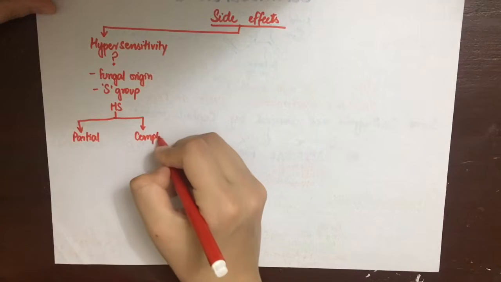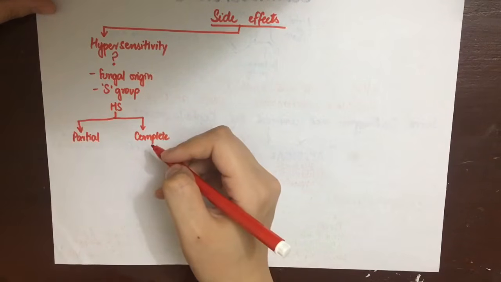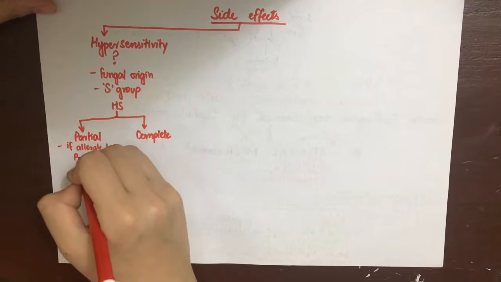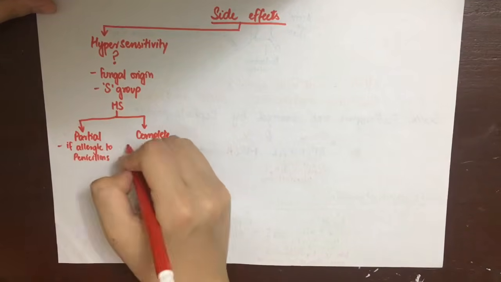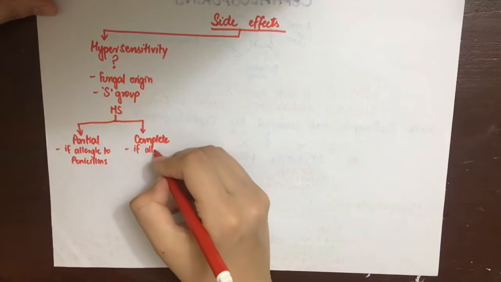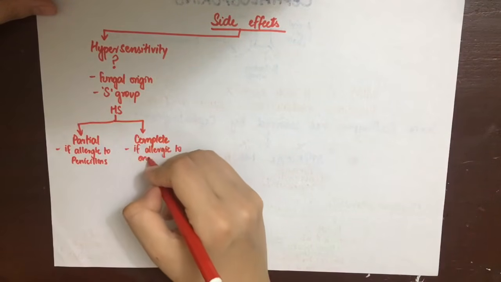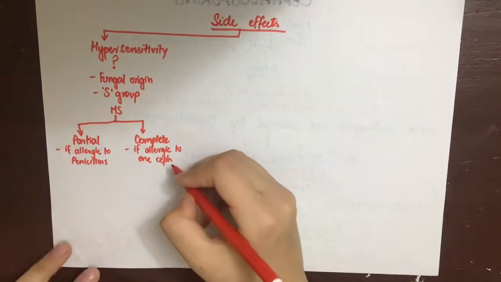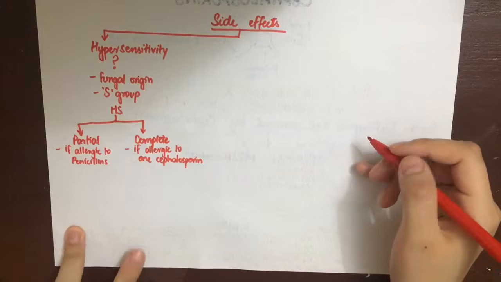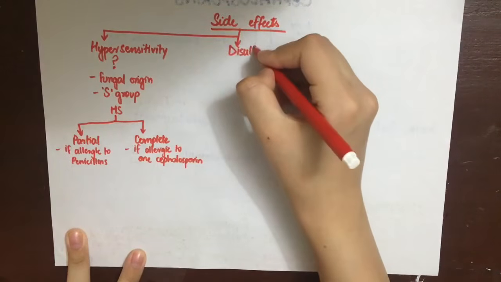But if the patient is allergic to one type of cephalosporin, then there is complete allergenicity to the other type as well. In cases of allergies to cephalosporins and when we are dealing with gram-positive organisms, we can use monobactams, or if we are dealing with gram-negative organisms, then we can use macrolides in place of cephalosporins.